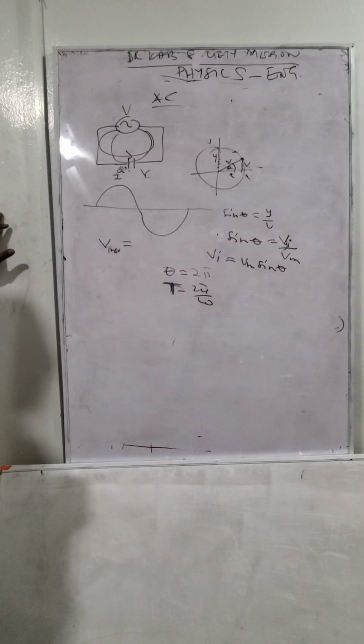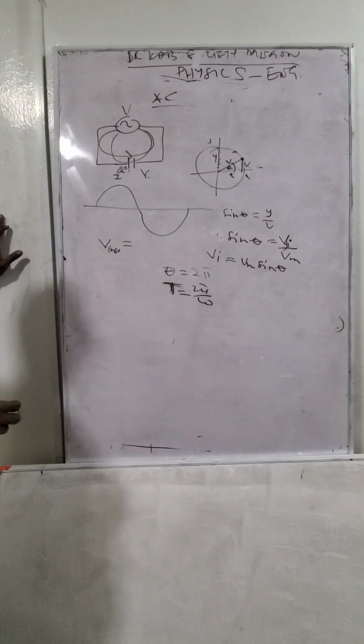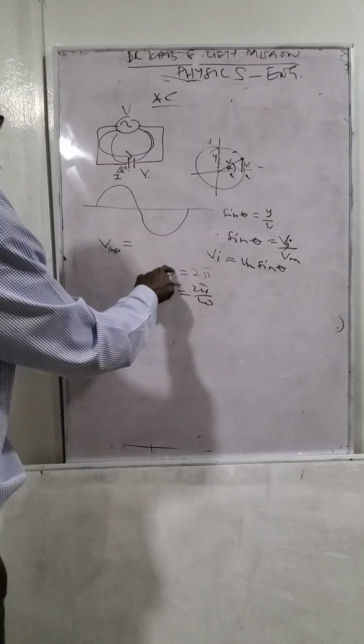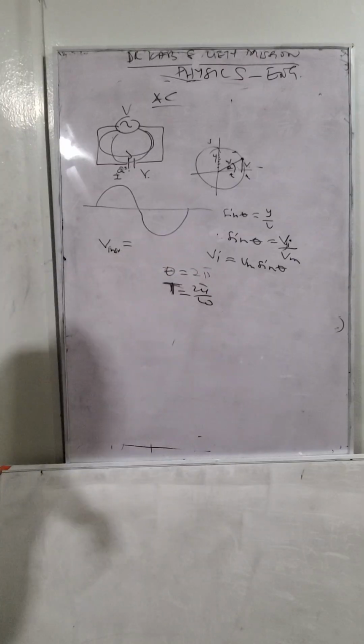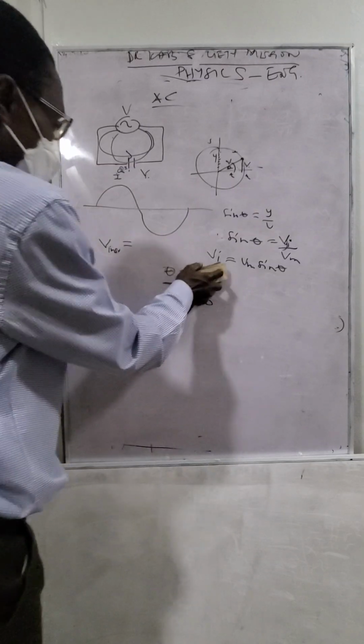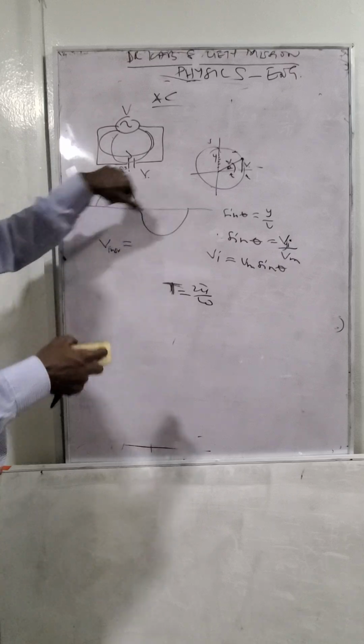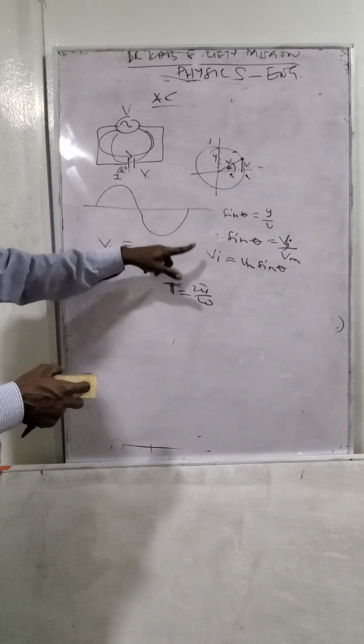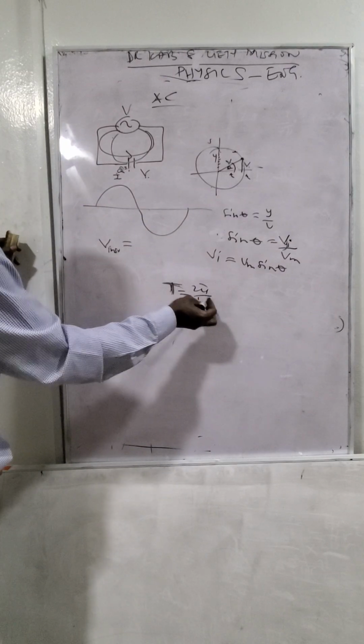Shouldn't forget that one. Period is equal to that. Now this is the radius in radians. This is a complete revolution in radians. If you take 360, it is 2 pi. And the period is this.